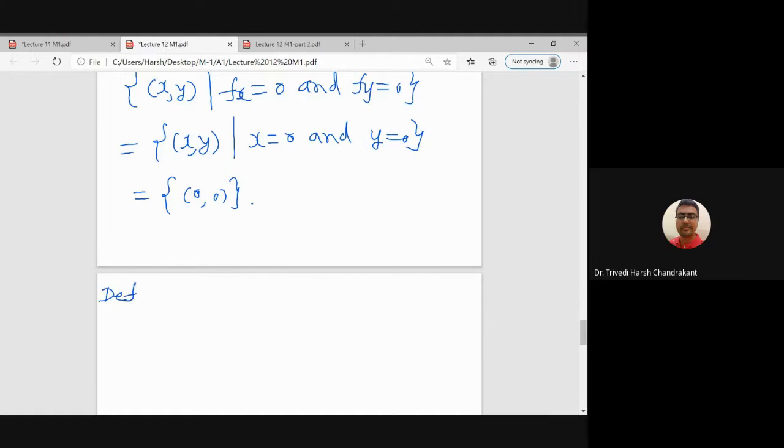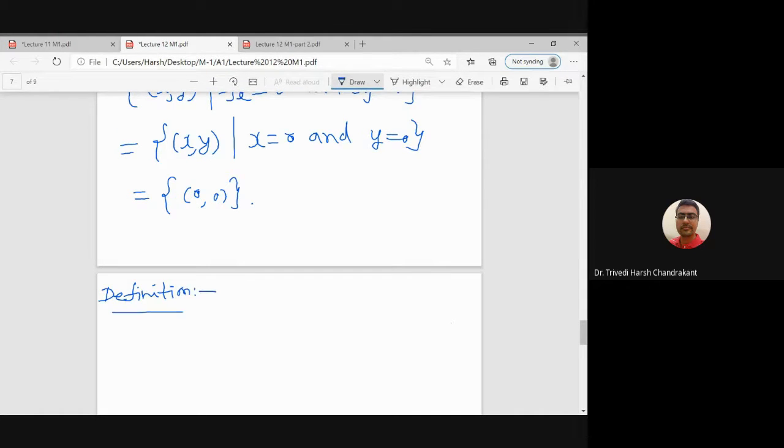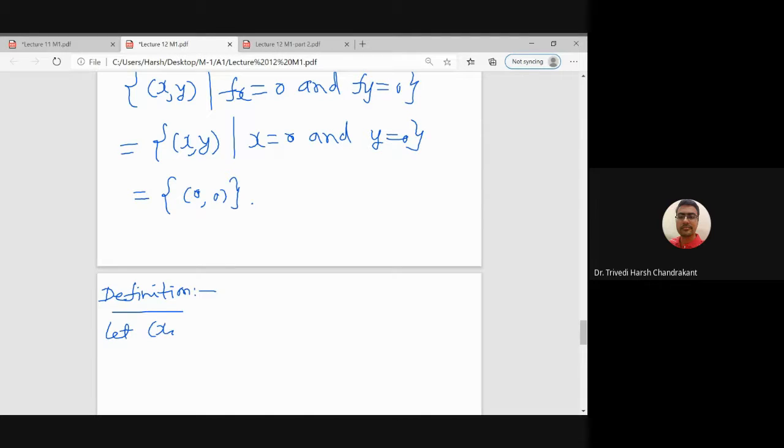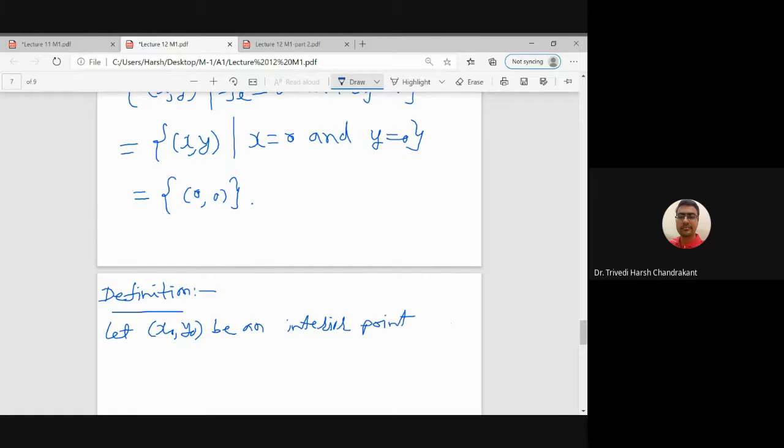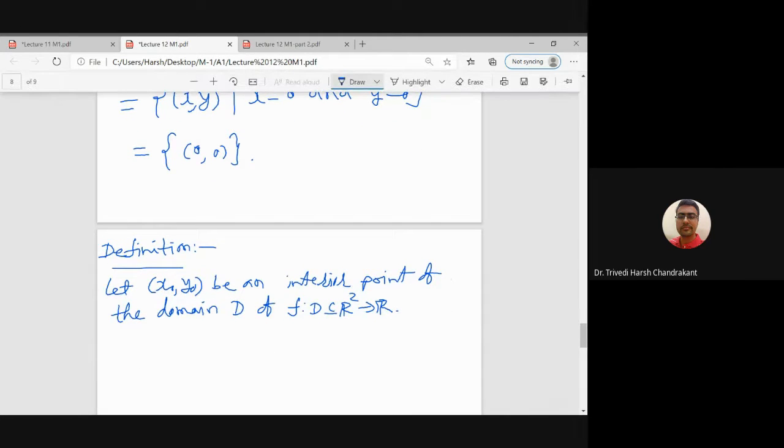So let us see what the definition is. Suppose we have an interior point of the domain D of the function f, and suppose this point is a critical point, right?